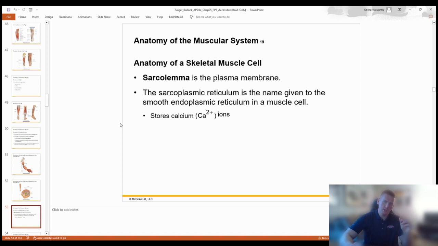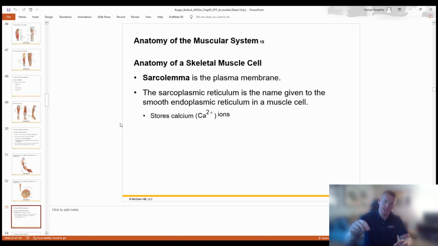Once we get all the way down to the axon terminal, it's going to release acetylcholine into the muscle tissue, and acetylcholine is going to initiate the release of calcium from the sarcoplasmic reticulum.